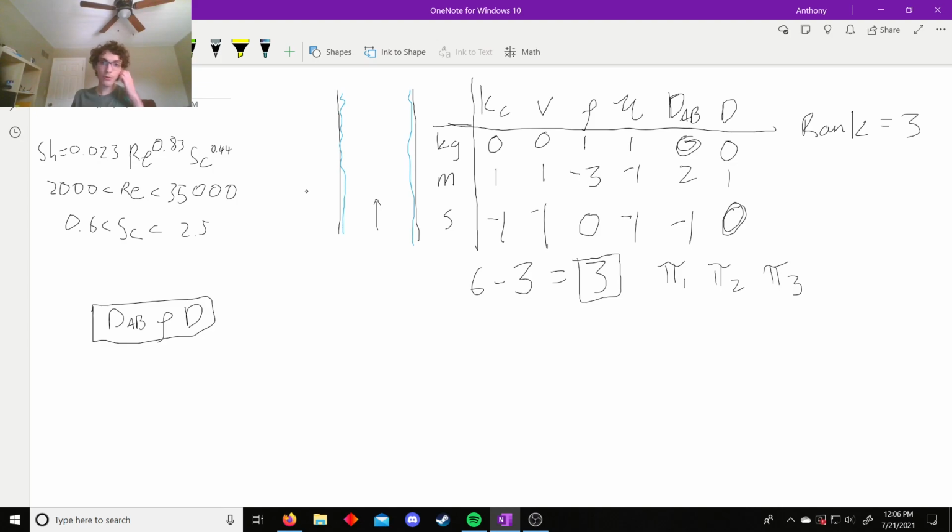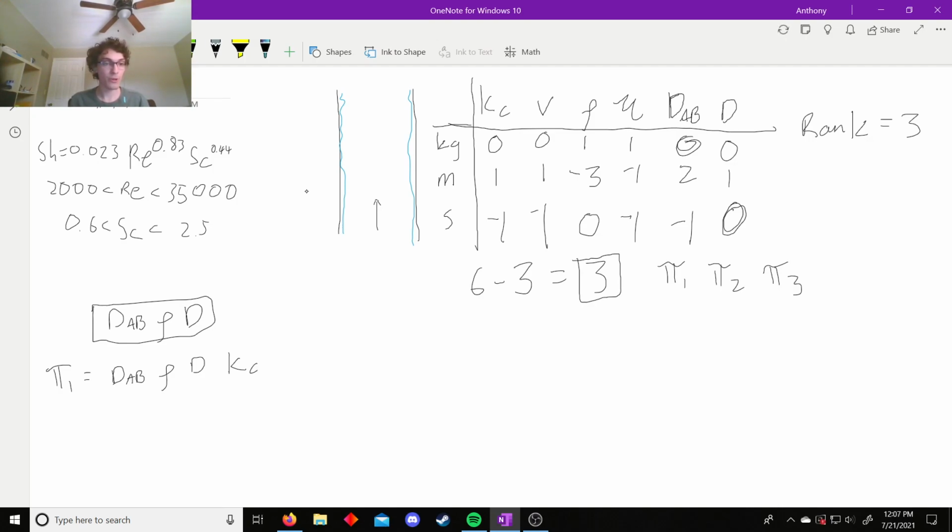So once we have our core group, we're going to make 3 new groups, and again, we're going to call them pi1, pi2, pi3. This is going to be our core group multiplied by one of the variables that we didn't use. So in this case, our mass transfer coefficient.